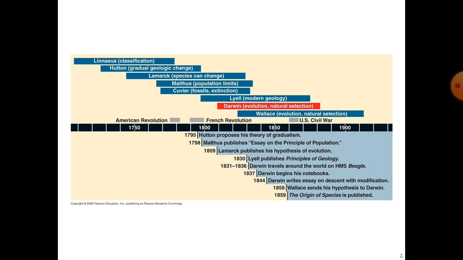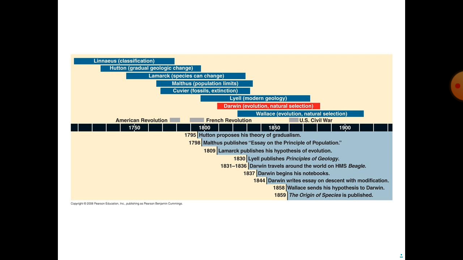Next is Jean-Baptiste Lamarck, on species can change, or acquired traits, or acquired inheritance. Next is Thomas Malthus, who is an English economist, who focused on population limits.